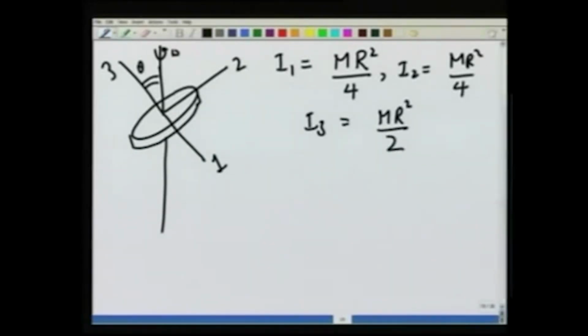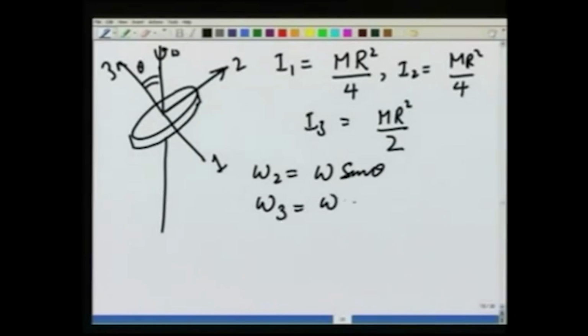Omega has components at this point in direction 2 and direction 3. Omega 2 is equal to omega sine theta. Omega 3 is omega cosine theta. If I want to calculate torque, tau 1, and omega 1 is obviously 0.